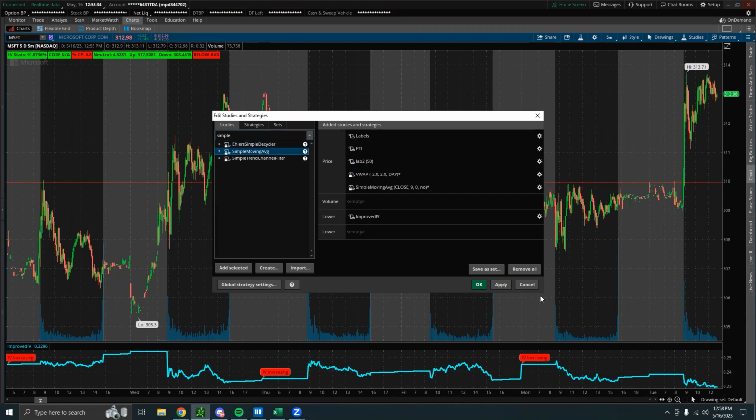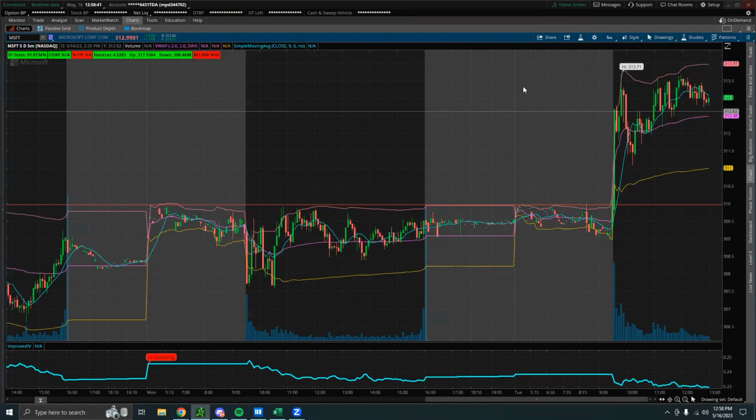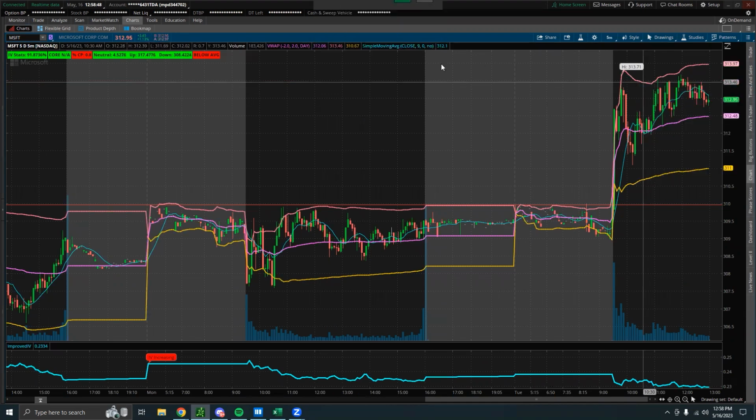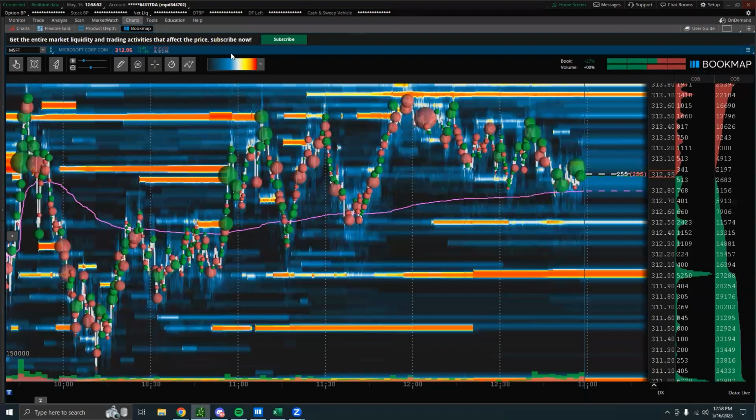And this can be good in certain ways. Every study has its pros and cons, but no matter what, whether you're looking at a simple moving average or VWAP or MACD or RSI or basically any other software or study out there, nothing compares to the literal order book for the stock you're trading.